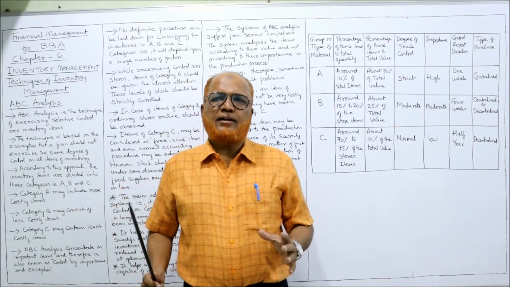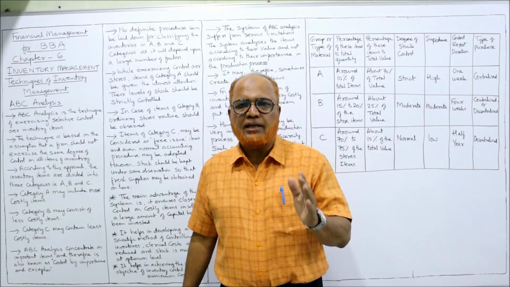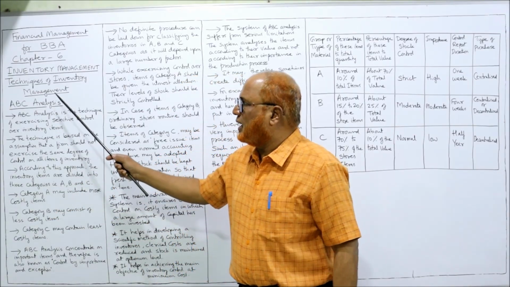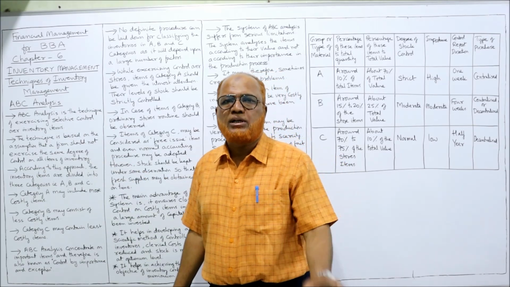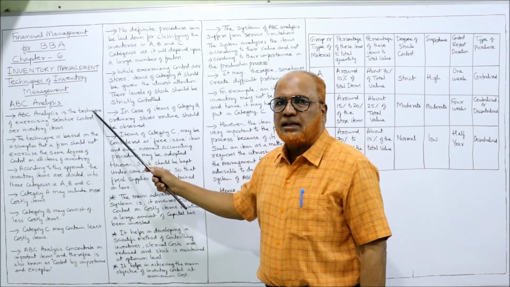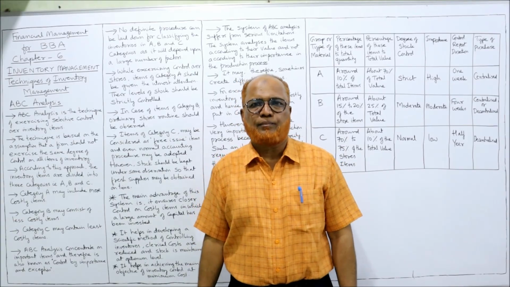See, there are different techniques of controlling inventory, like we have already discussed EOQ and determination of levels. Now in this video, ABC analysis, the most popularly used technique for managing inventory. ABC analysis is the technique of exercising selective control over inventory items.